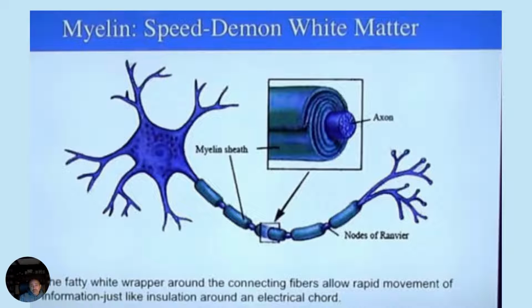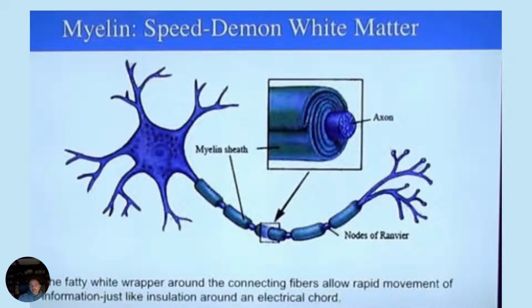We were talking about myelin, the speed demon of white matter, which is the myelin sheath. This is the fatty white wrapper around the connection fibers that allows rapid movement of information, just like insulation around an electrical cord. You're looking at this myelin sheath, which covers the actual axon, and then you're looking at the nodes here.